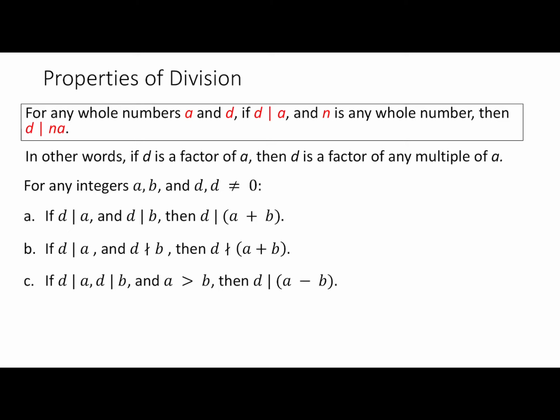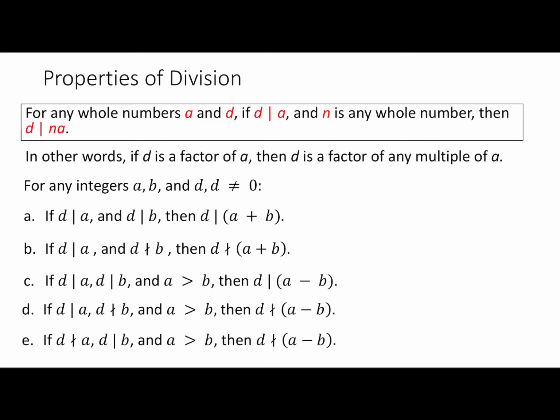If d divides a and d divides b and a is bigger than b, then d divides the difference, a minus b. And finally, if d divides a and d does not divide b with a bigger than b, then d does not divide their difference. One more, if d does not divide a, d divides b, and again a is bigger, then d does not divide their difference.